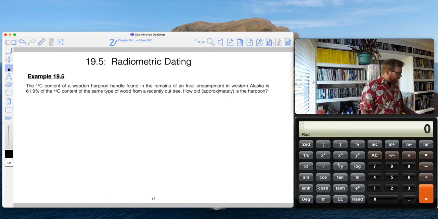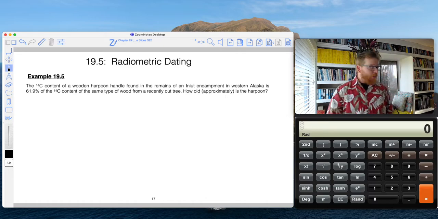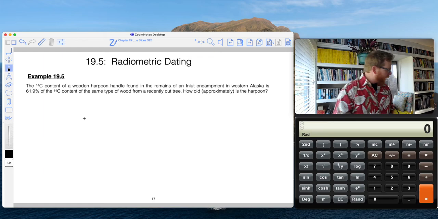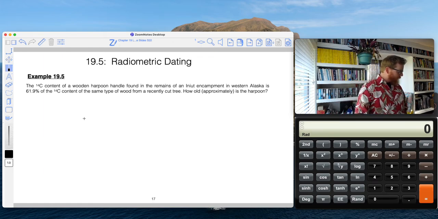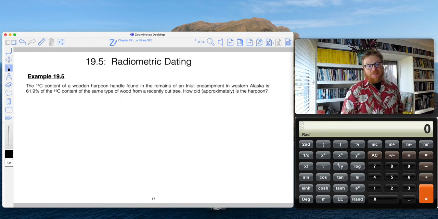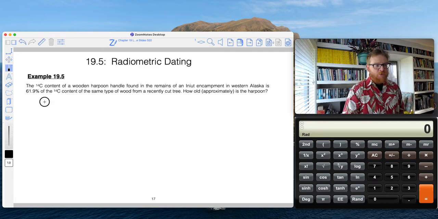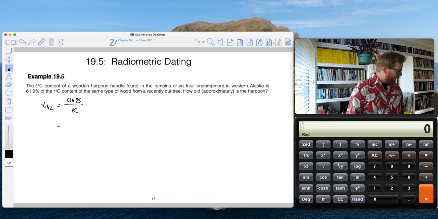We can still calculate this using our first-order integrated rate law. The first thing we have to get is a rate constant, knowing the half-life of carbon-14, which I just gave you: 5730 years. We know the half-life of a first-order reaction is 0.693 divided by k.